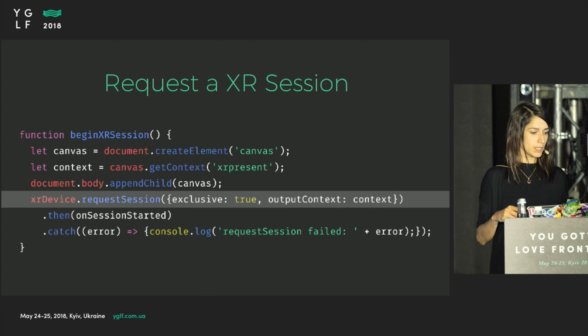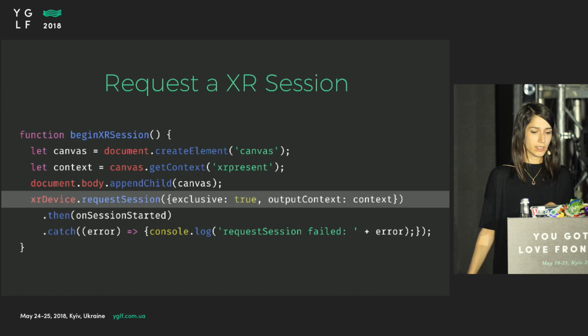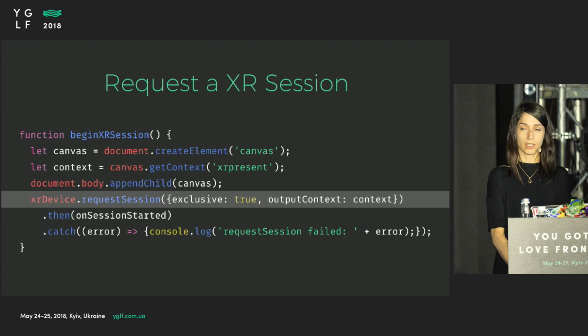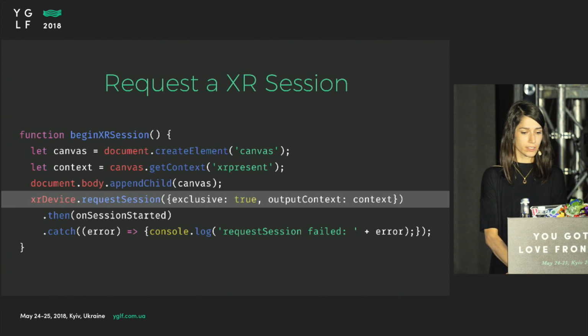And this method has now 2 optional parameters. One is the Boolean to check if we are requesting an exclusive session, and the second is an XR presentation context that is a context of the canvas element we want to draw on. And this promise gets resolved with an XR session object.